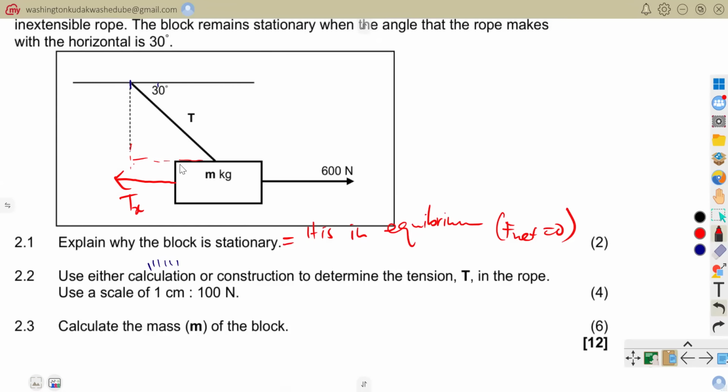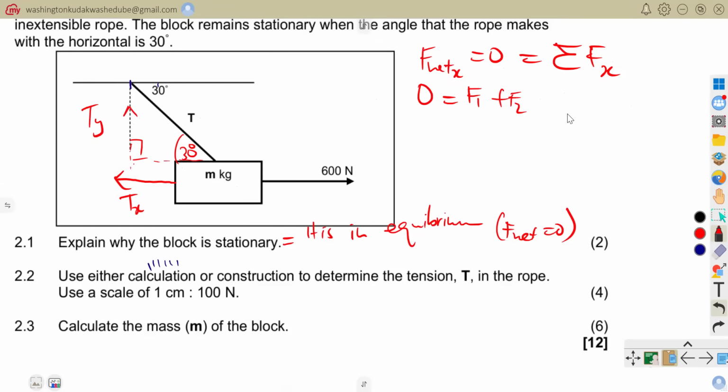Since you'll be having 30 and 90, this tension would have its vertical component, T in the Y, and T in the X. I'm saying that F net in the X direction, the horizontal component, is equal to 0. F net in the horizontal component is given by the sum of all forces in the horizontal component. So 0 is equal to F1 plus F2 in the horizontal component.